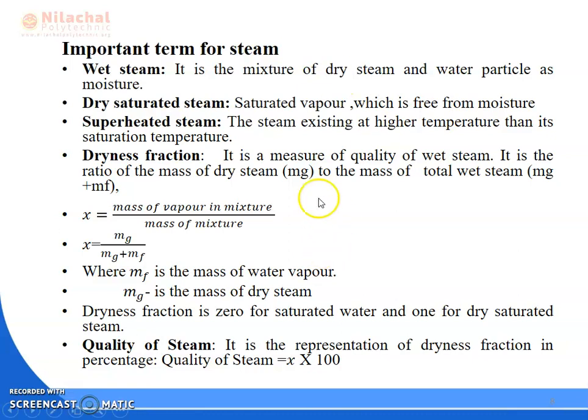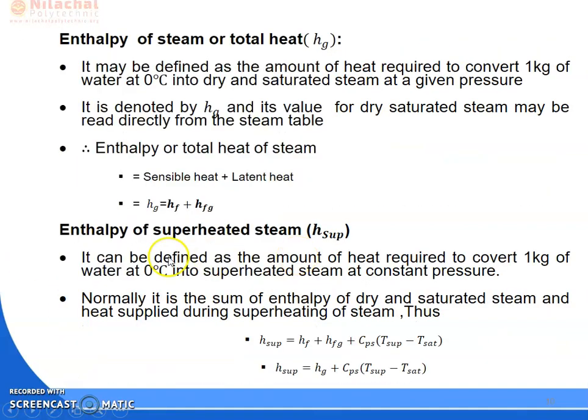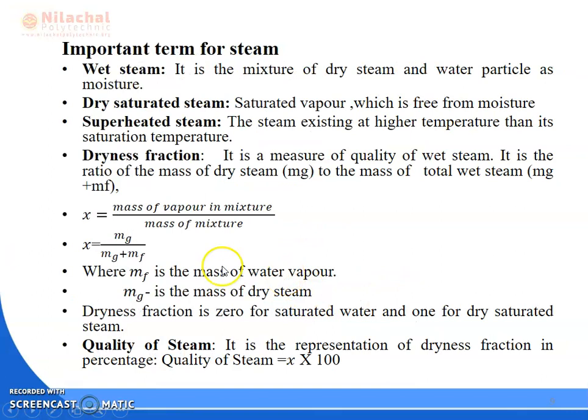So the mass of dry steam, mg, divided by the total wet steam, which is the mass of dry steam plus the mass of liquid. Dryness fraction is denoted as x. x is equal to mg by mg plus mf. mf is the mass of liquid and mg is your mass of dry steam.